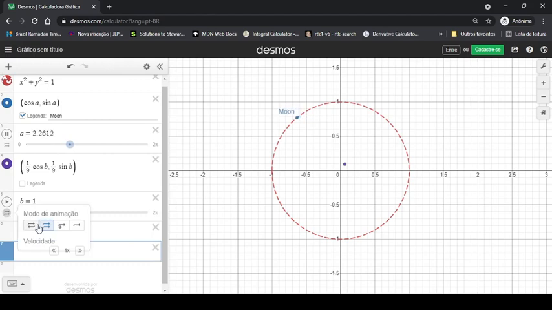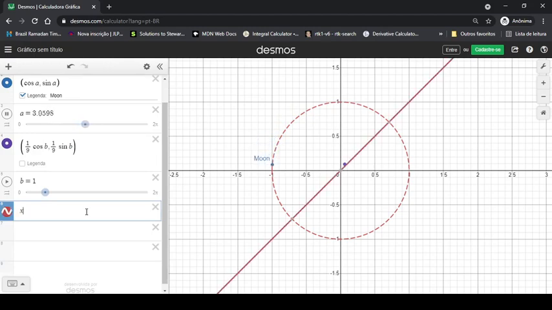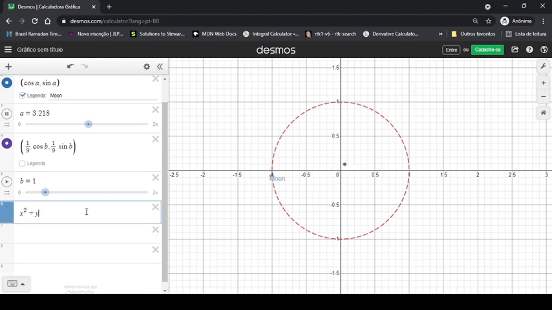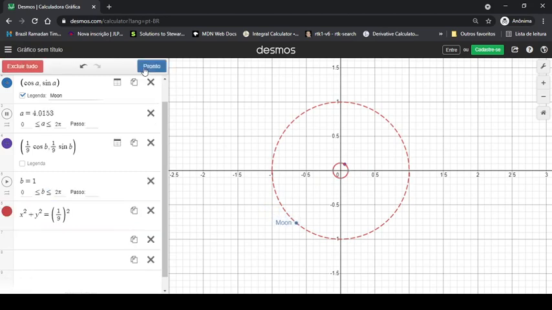Okay, let's put the orbital for our satellite. So it will be x squared plus y squared equals what? The radius squared, right? But our radius is 1 divided by 9 squared. Let's put this over here with dots, maybe.